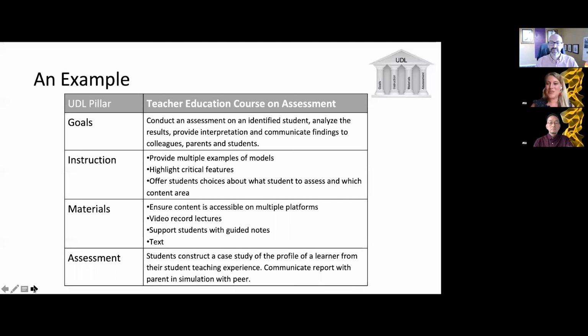As I'm providing my students instruction about how to conduct this kind of assessment and how to analyze the results, and then finally communicate it to families and their colleagues, I provide multiple examples and models. So in addition to me telling them and physically showing them how to select a student, provide a body of assessments and interpret that data on a simulation, I do a simulation.